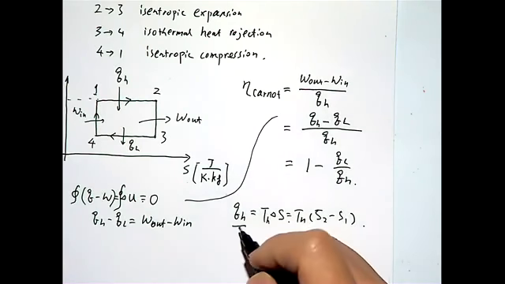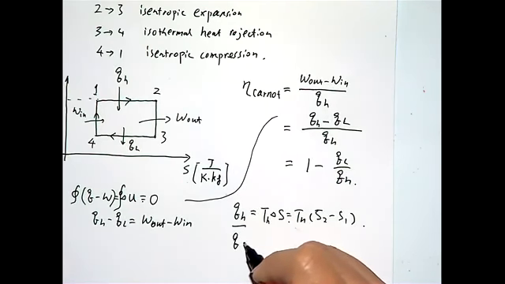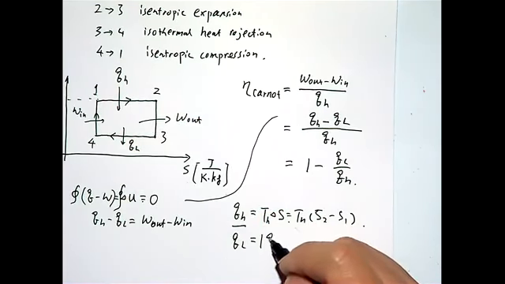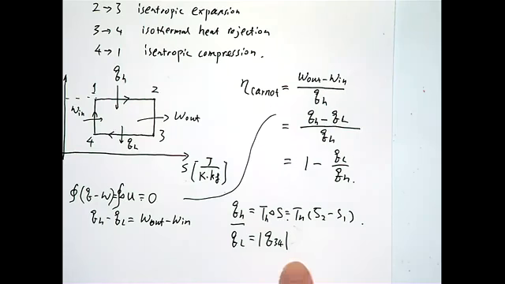Similarly, if we do the QL, from state 3 to 4, this step is a heat rejection process, so the Q is supposed to be negative, but we're only dealing with positive here, so just the absolute value.